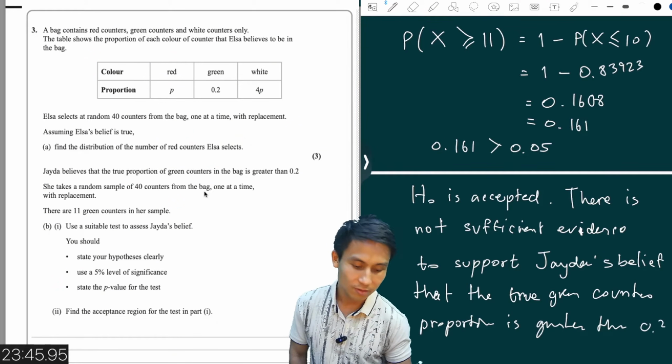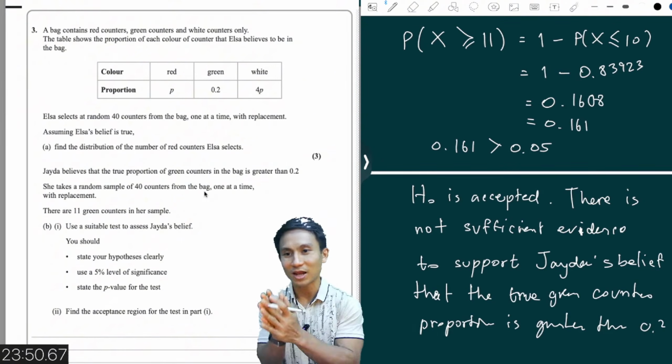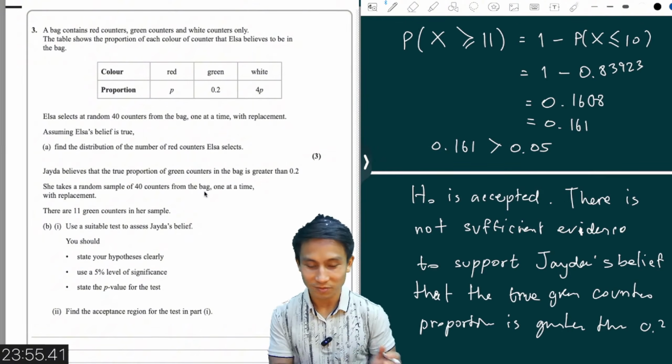Yeah, because she believes it's greater, but it's not significant here. Like the value is not less than. It should be less than if it's to be significant, right?